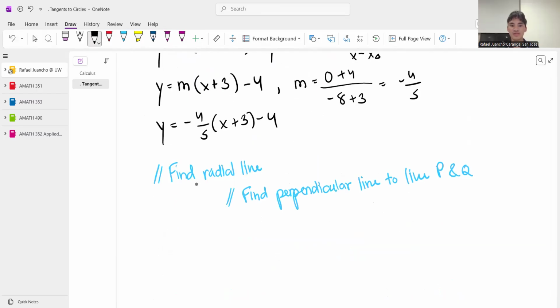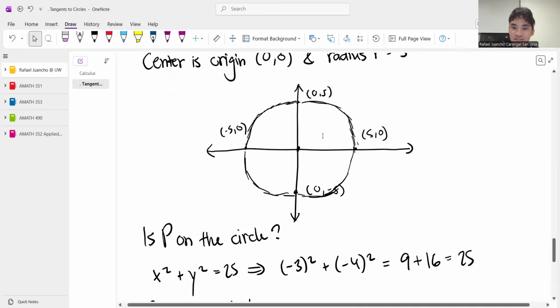Now, the way I would do that is, we do y, that's the same thing, and then the negative reciprocal of this. So that would be 5/4. And then again, I have my x naught plus y naught. I don't know what x naught and y naught is, so I'm going to need a point from this circle.